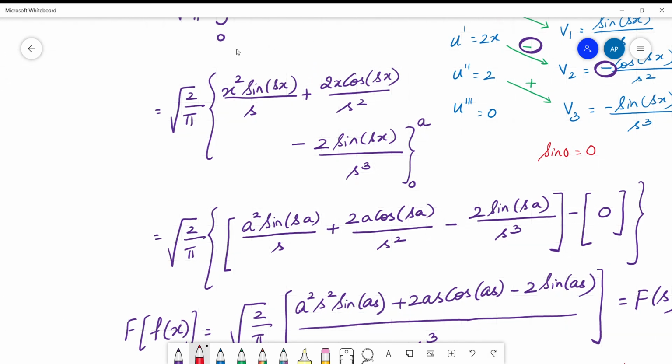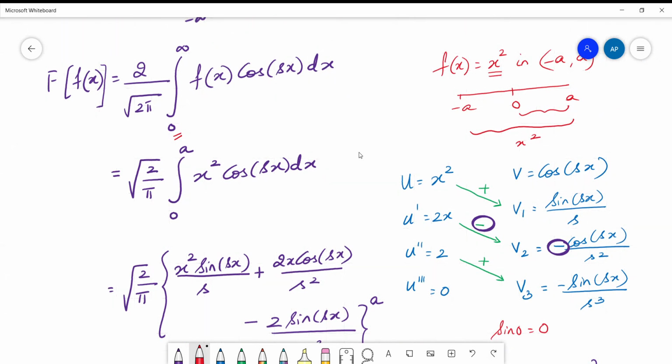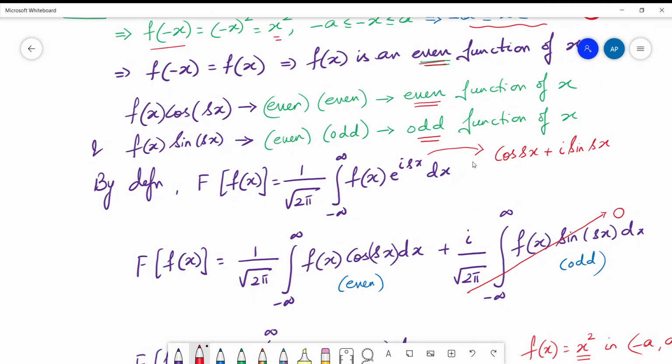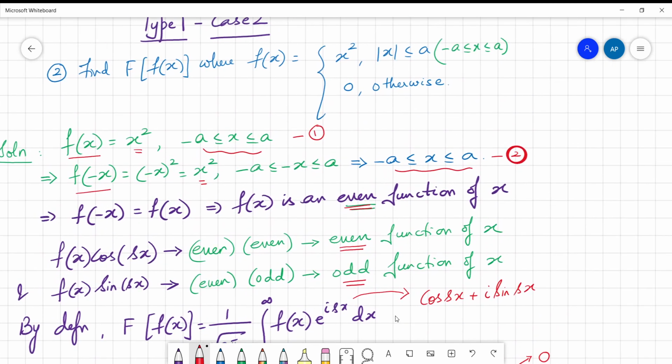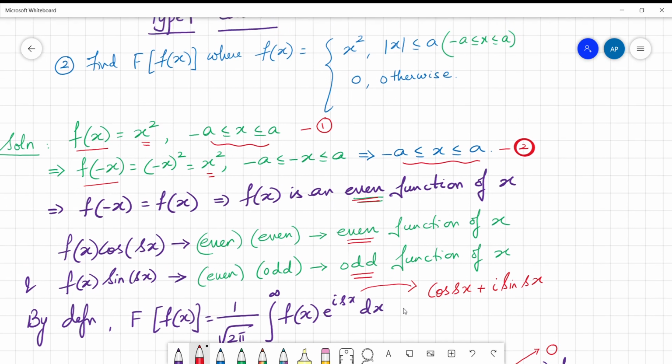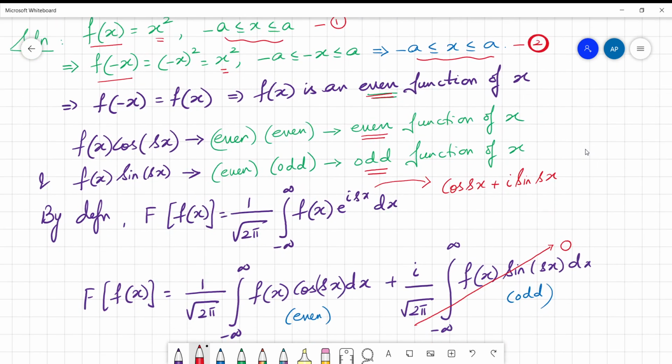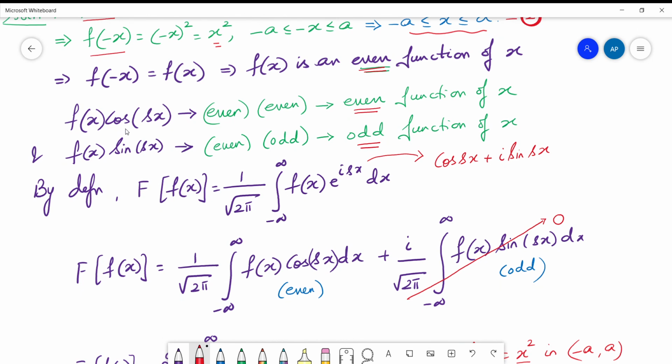Let's quickly summarize it before we conclude this video. So we have done one problem in an odd function in the last video, and this is for an even case. So we have taken up a function as x square, checked whether it is even or odd. We found it to be even by replacing x by minus x. Then we checked the nature of f of x cos sx and f of x sin sx.